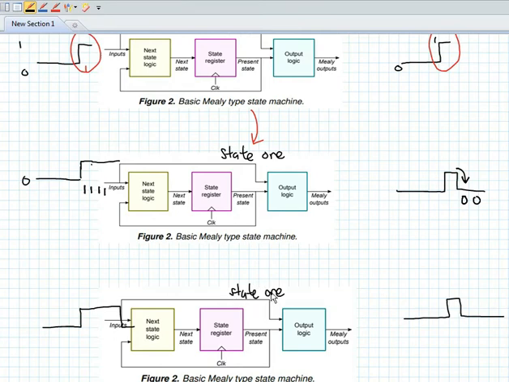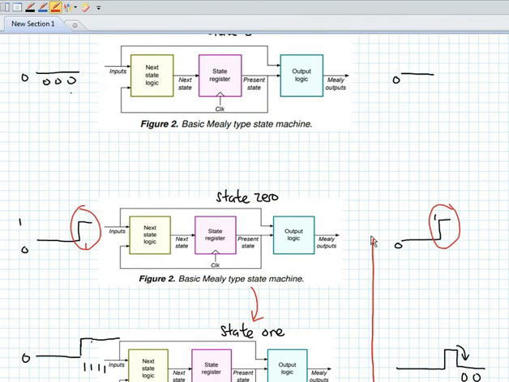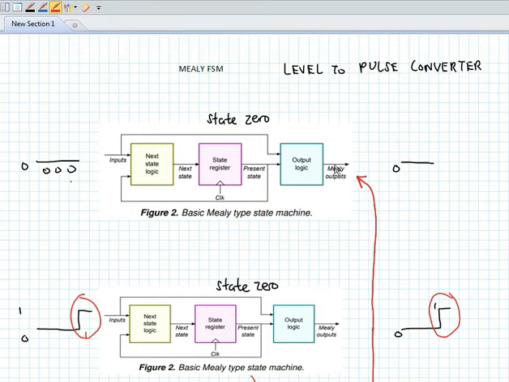If you are in state 1 and you detect a 0, your output is still 0, and you move back to the first state, which is state 0.